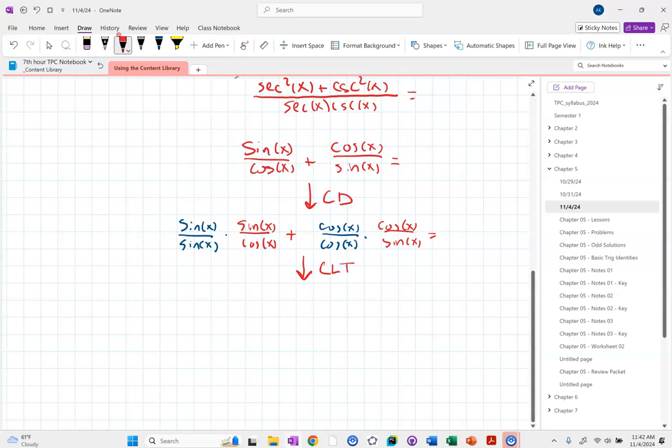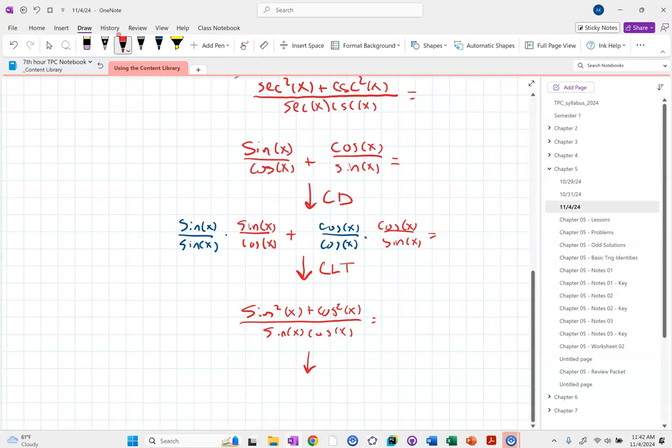Do it the same way, right? Just we're using sine over sine and cosine over cosine. When I combine my like terms, I have sine squared plus cosine squared over sine x times cosine x. And this is looking a lot more appealing to me.